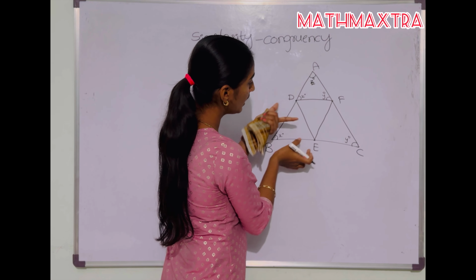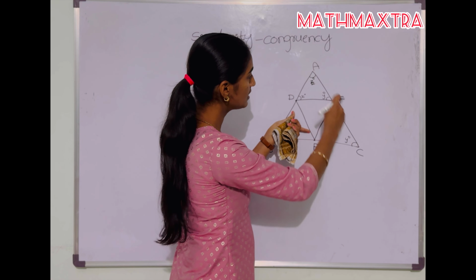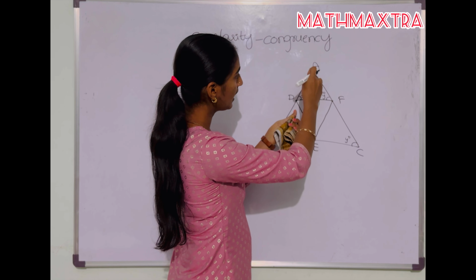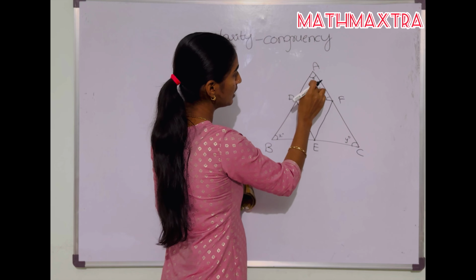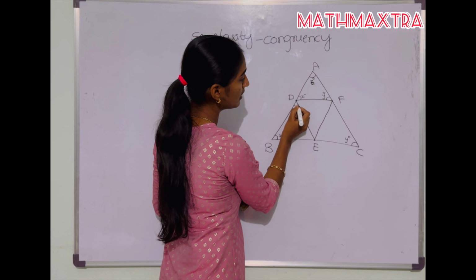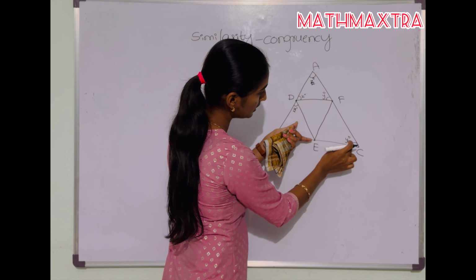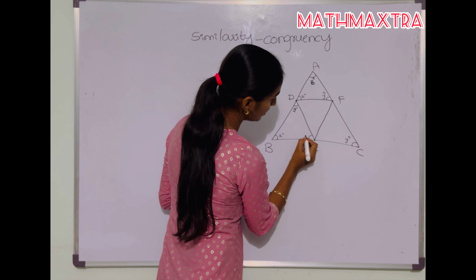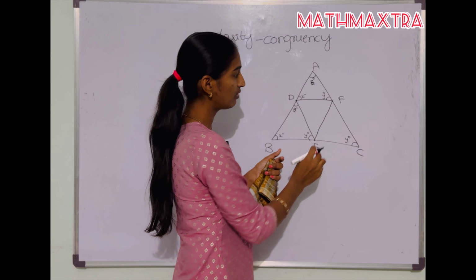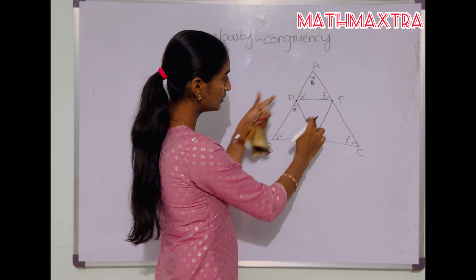Then you take the line DE. This is parallel to AC and this is a transversal, so these are corresponding angles. These two are also corresponding angles and are equal. Next, EF is parallel to AB.